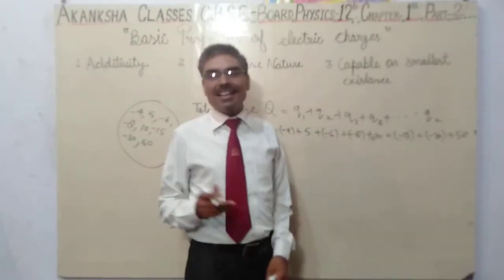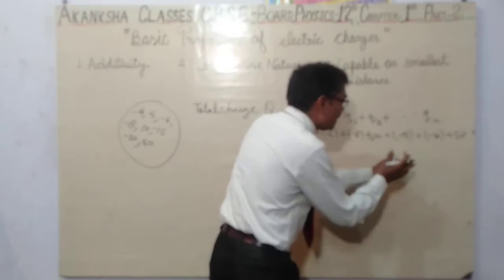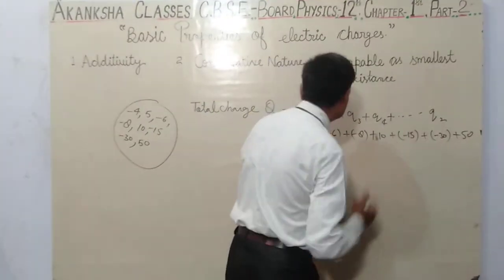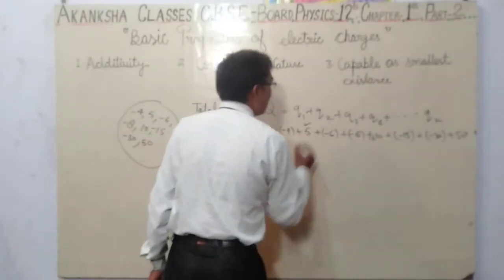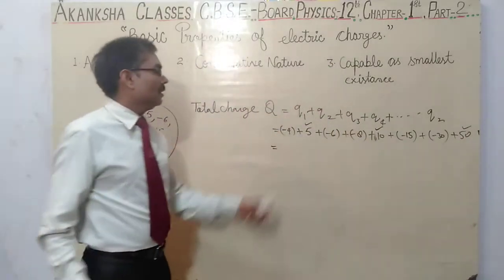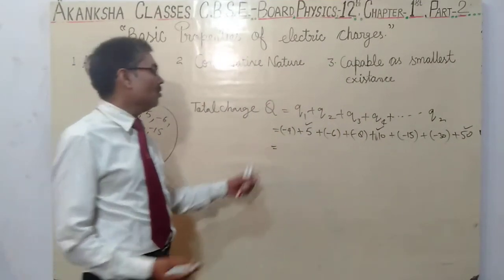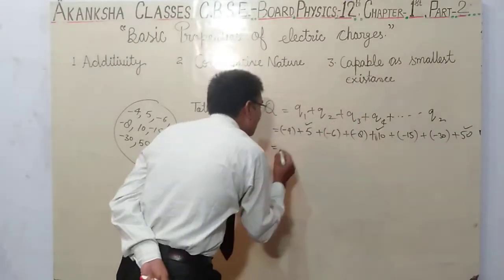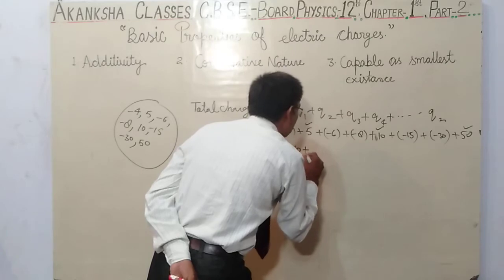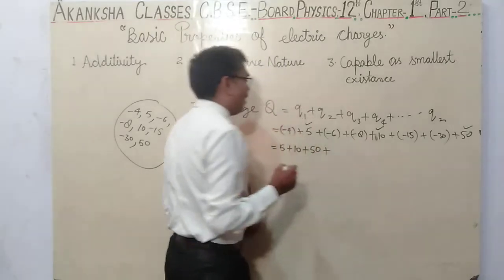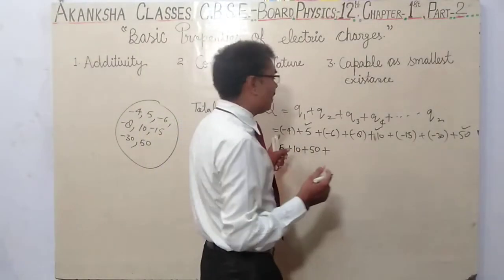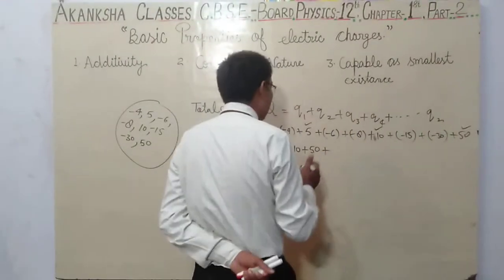First of all, you separate the positive integers, taking them together, and the negative integers together. I have found 5, 10 and 50 are positive charges. So we separate them by writing 5 plus 10 plus 50. Now all the remaining charges are negative, hence they will be added together collectively.